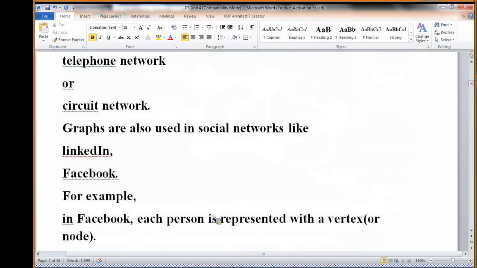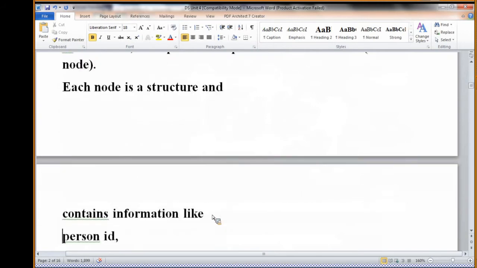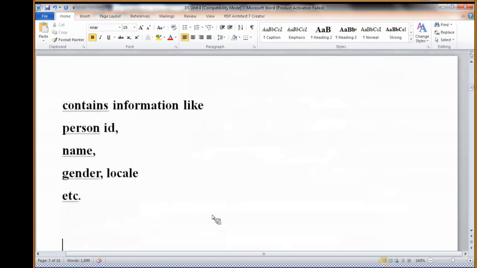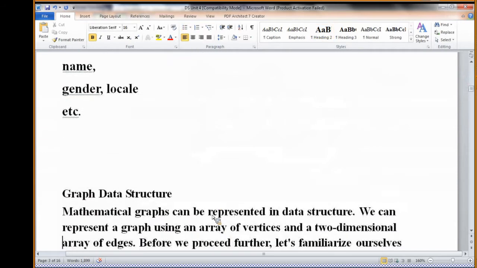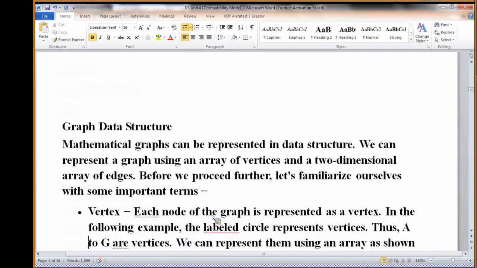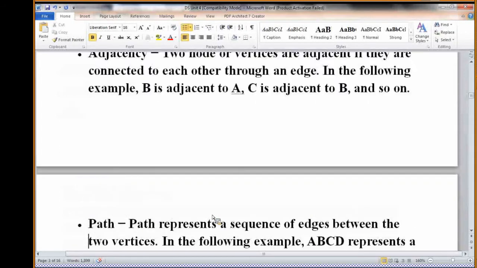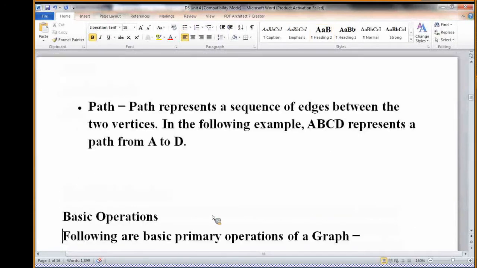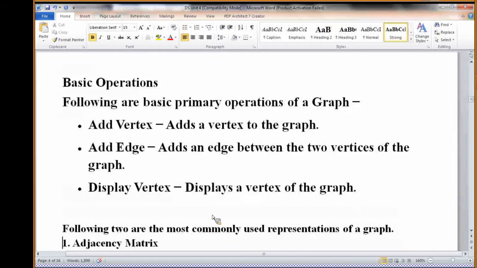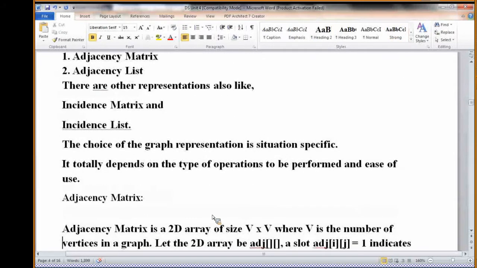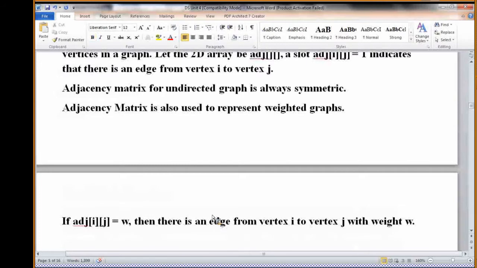It all depends on the network you are using, in case of Facebook, LinkedIn, a circuit, or a LAN, WAN. If the weightage is to be considered, then we will go for a graph with weightages. Otherwise we will say adj[i][j] is equal to 1.